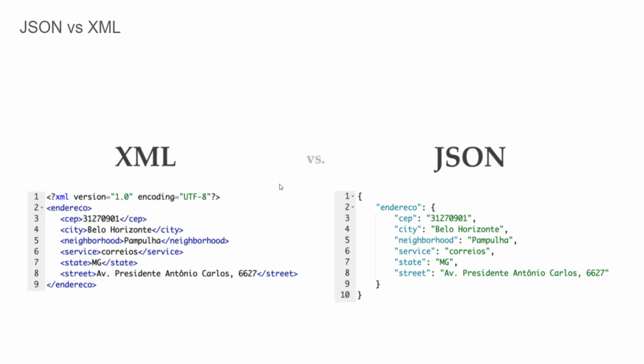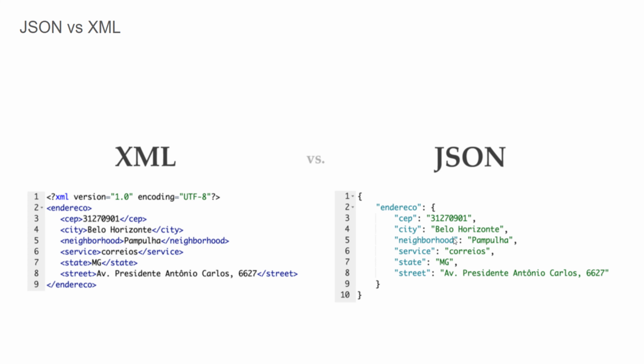Now we talk about the data we receive from a web service. It's the XML and the JSON, right? But before we go, what we will choose for using, you can see here we have on the left side the XML format, and the right side is the JSON.